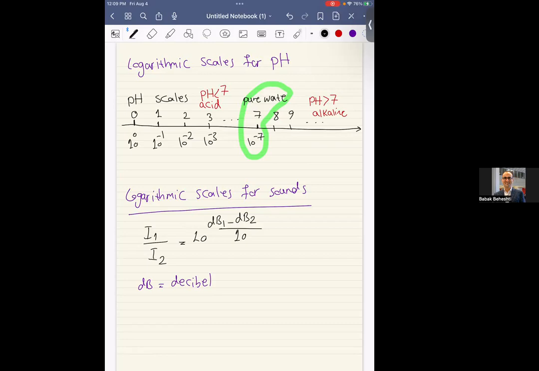So in other words, dB1 minus dB2 over 10 is equal to log of I1 over I2.